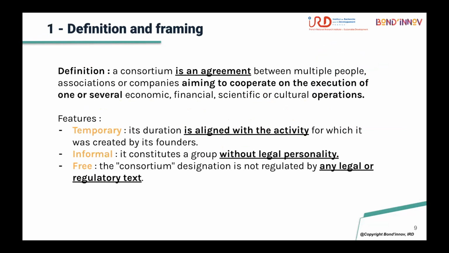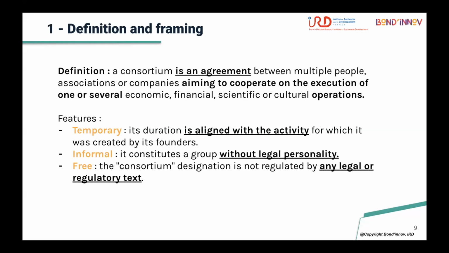But more formally, a consortium is an agreement between multiple persons, associations or companies aiming to cooperate on the execution of one or several economic, financial, scientific, or cultural operations.